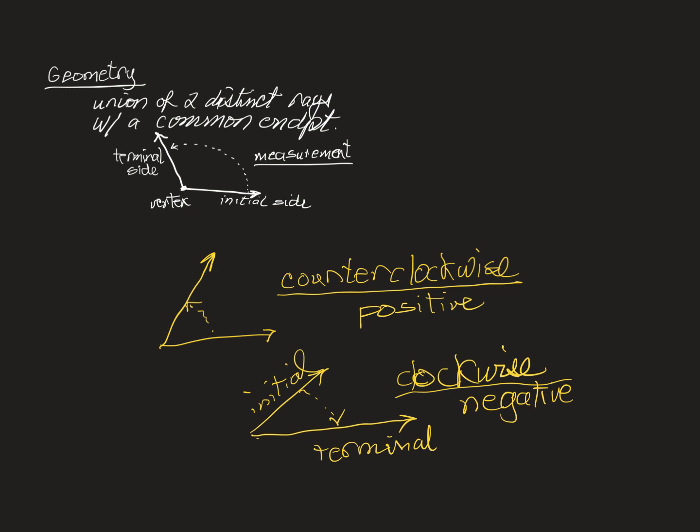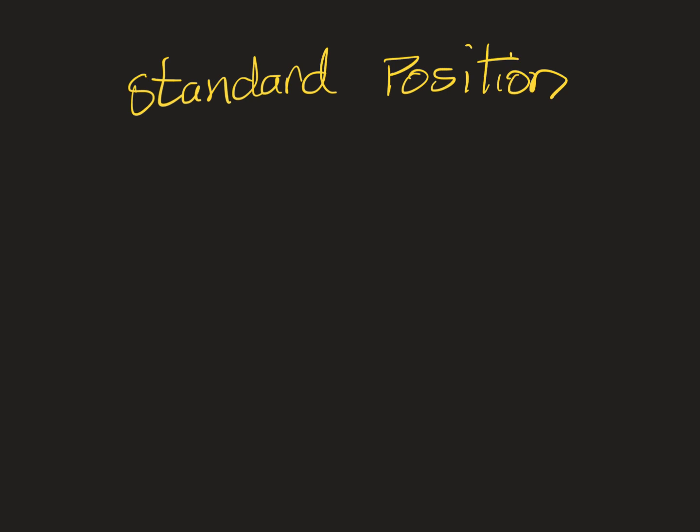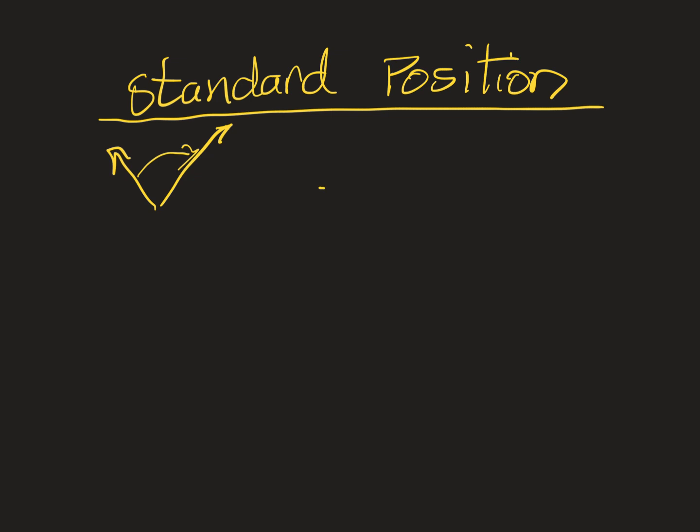That's really important. So what happens is we need to define a standard position, because otherwise you have these initial sides and terminal sides, and you could put them anywhere and you're just rotating willy-nilly to get all kinds of angles, and nobody knows where you're going.